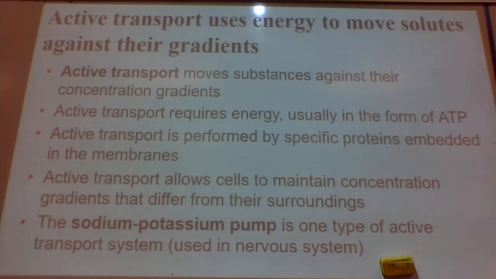We looked at simple diffusion. We said small, non-polar stuff can diffuse right through the cell membrane. Oxygen, carbon dioxide. We looked at non-polar things like fats, like steroid hormones. They diffuse directly through the membrane.